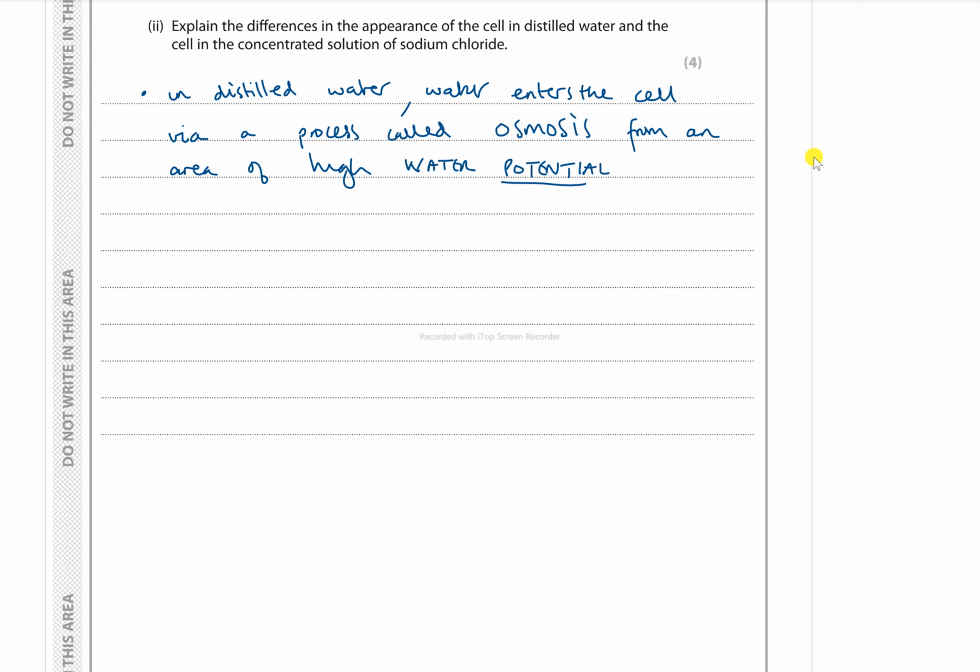It's good to know this phrase. To an area of low water potential.